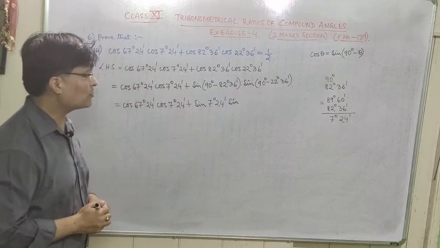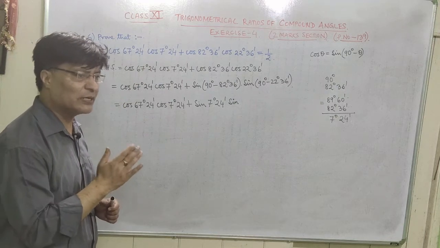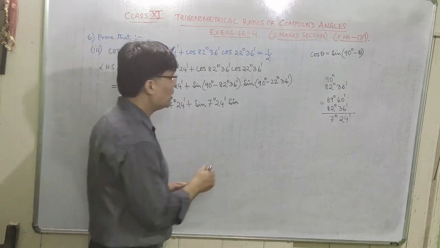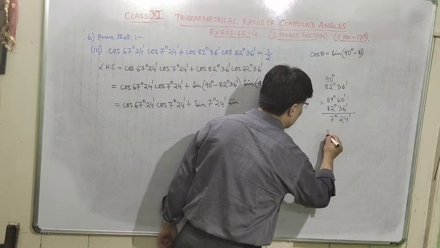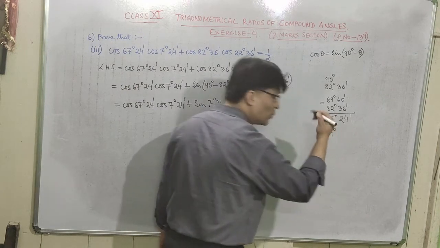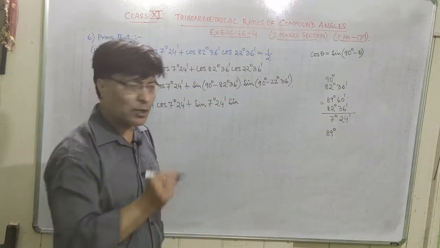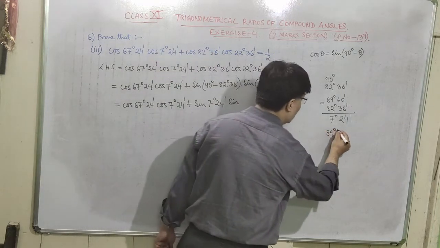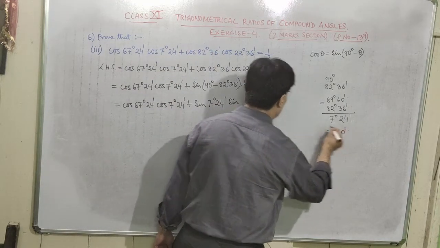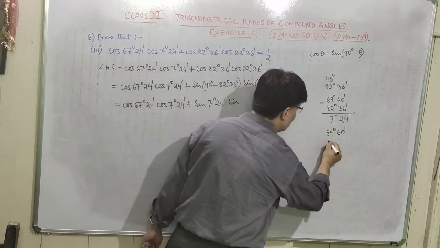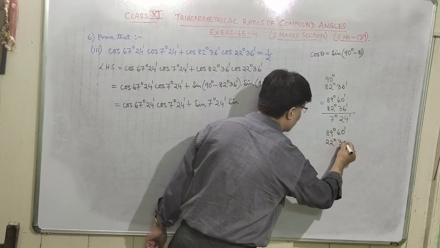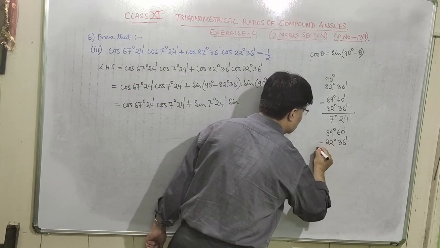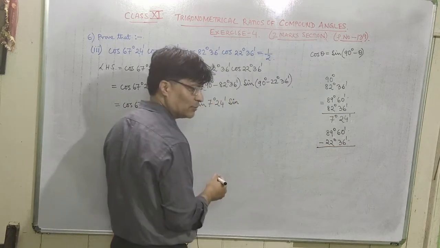Similarly, you can subtract 22 degree 36 minutes from 90 degree. Again, this 90 degree can be written as 89 degree plus 1 degree, but that 1 degree should be converted into minutes, that is 60 minutes. Then subtract 22 degree 36 minutes from this 89 degrees 60 minutes.